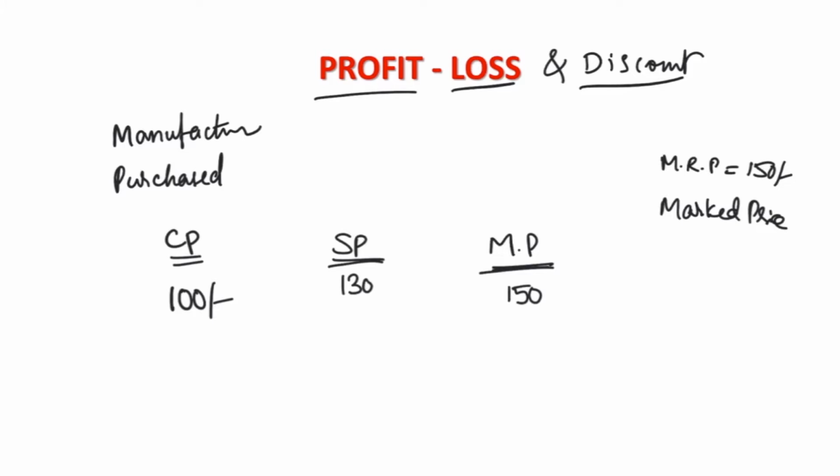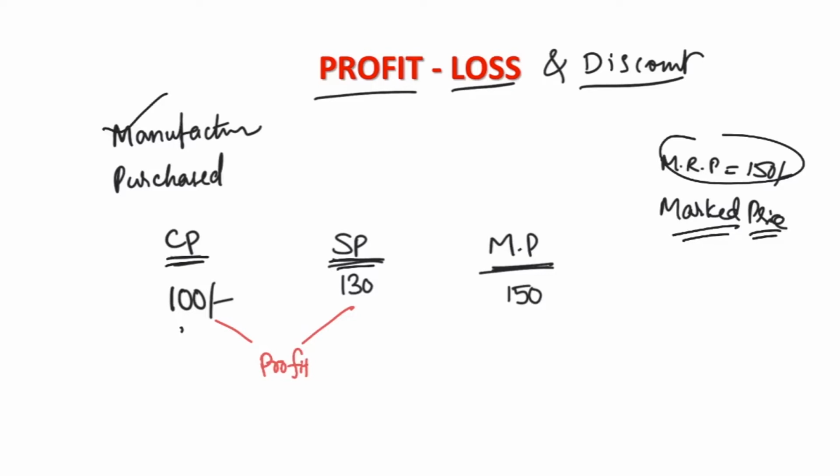The price at which it is purchased or manufactured is cost price, and the price at which it is announced, labeled, or MRP, is called market price, and finally the price at which it is sold is selling price. In between cost price and selling price, if cost price is less and selling price is more, we get some profit.